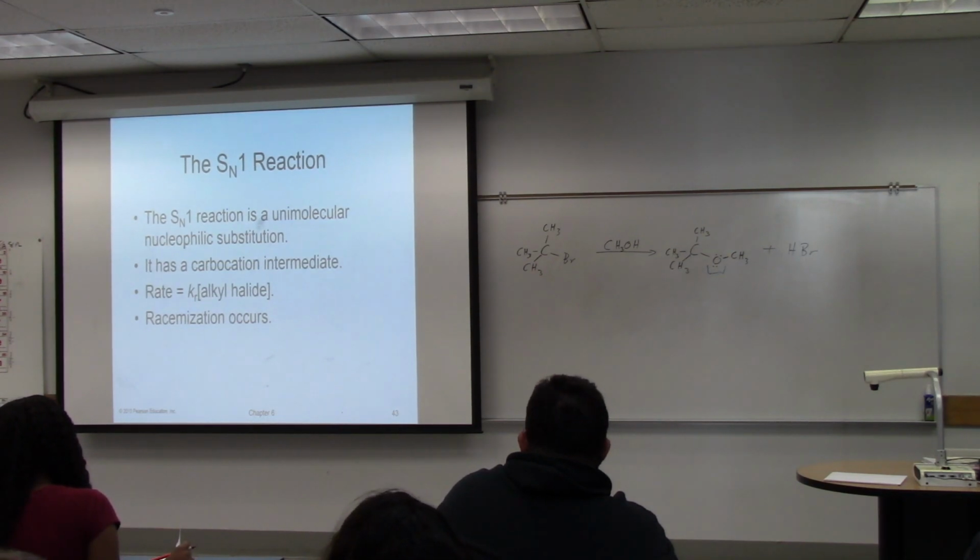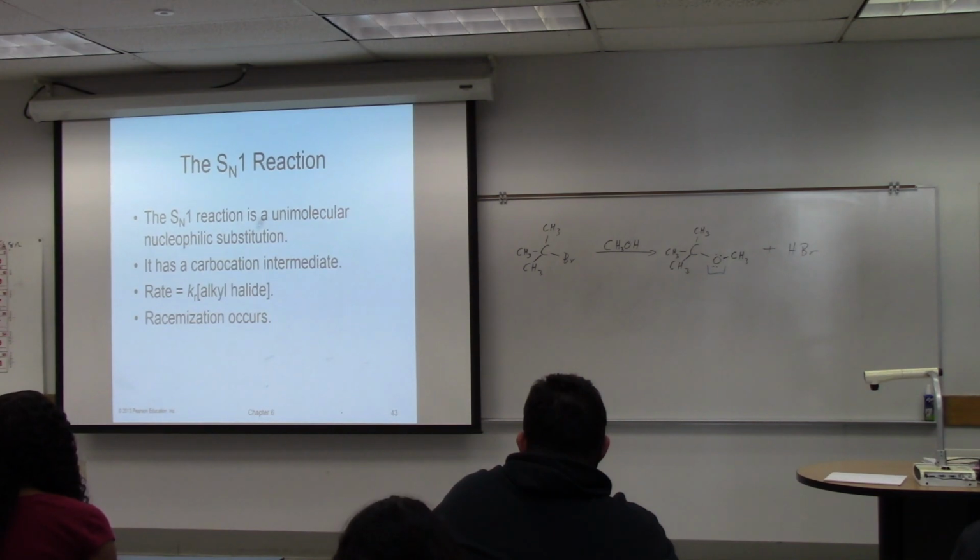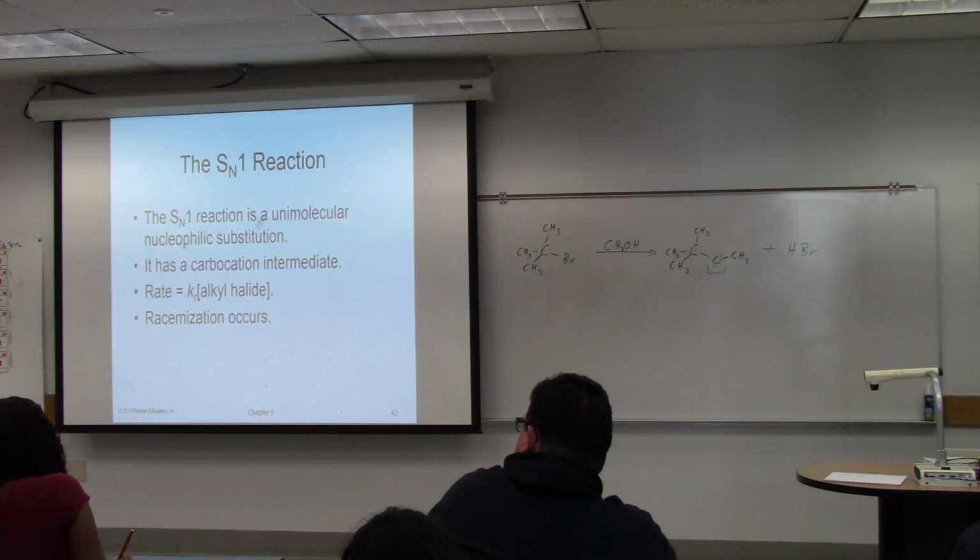Well, let me give you some details about the reaction. If I double the concentration of the alkyl halide, the reaction goes twice as fast. So that means it's first order, and it's first order with regard to the alkyl halide.